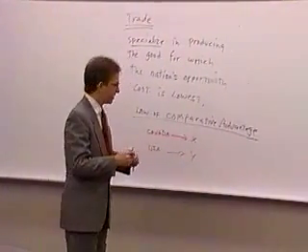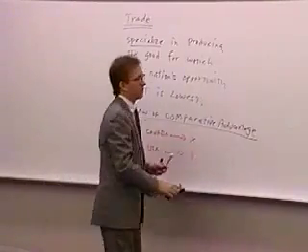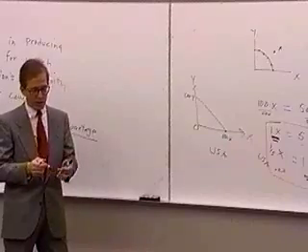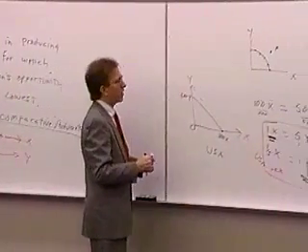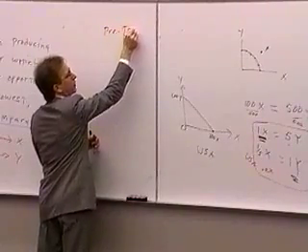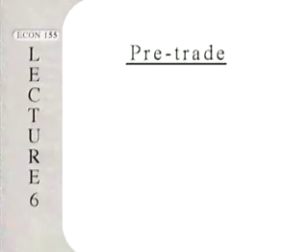Now, let's go back and do a little bit more calculation, because all the information is here for us to see what's going to take place. Say pre-trade, if there's no trade between these countries, both countries want some good X and some good Y. They don't want just one or the other.